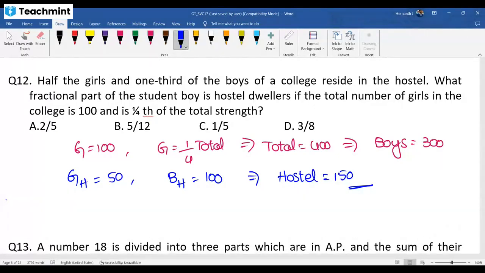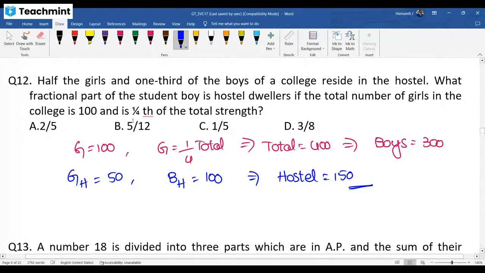Boys are 300, one third of that is 100. Girls are 100, half of that is 50. So total hostlers will be 150.